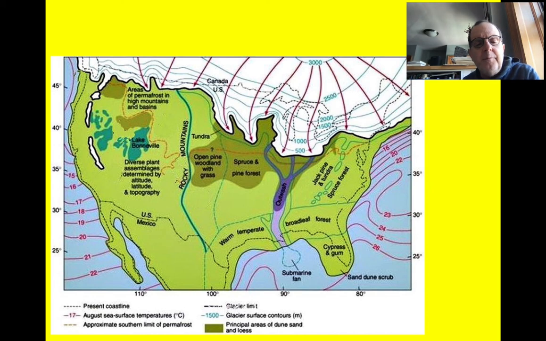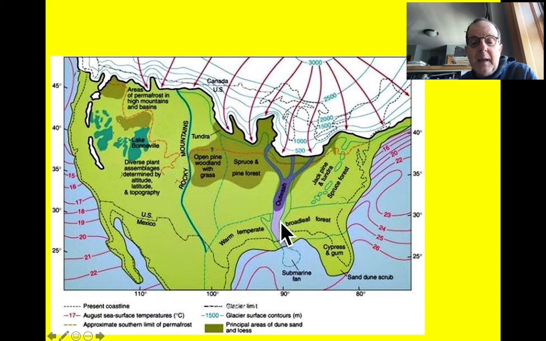This is an image that is just meant to give you a sense of different types of ecosystems that existed in this period of maximum glaciation, the glacial maximum, which was at about 18,000 years ago. That's when the glaciers had reached the furthest point south. And you can see them melting out.